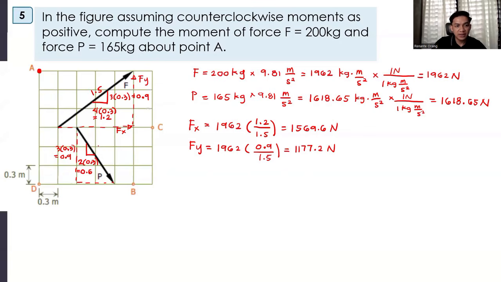So let's write 1.082, class. Now we convert P into our Px, which is equivalent to 1,618.65 multiplied by our 0.6, because this is our Px, horizontal, divided by our hypotenuse, which is 1.082.